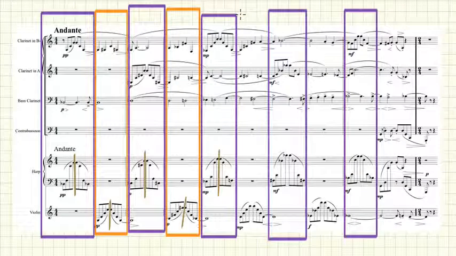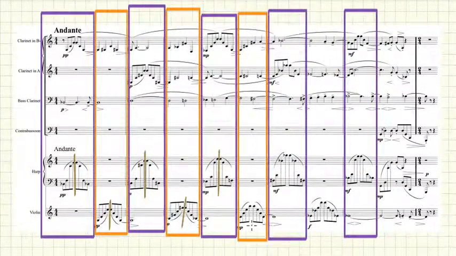So it's as if they are passing a ball, and one plays and then the other, and one and then the other, and so on.